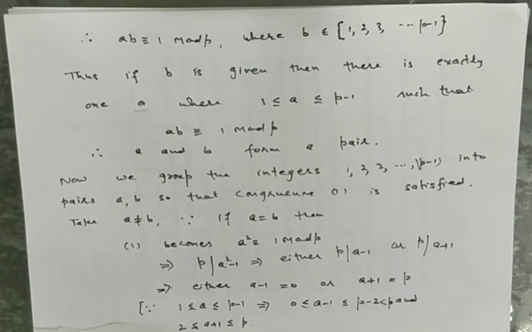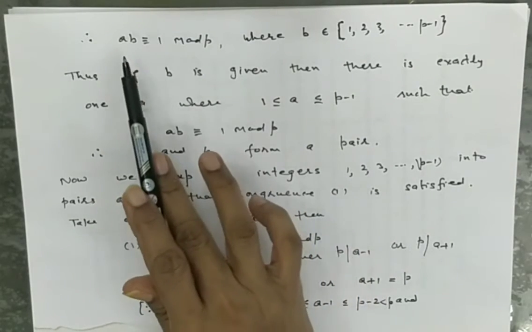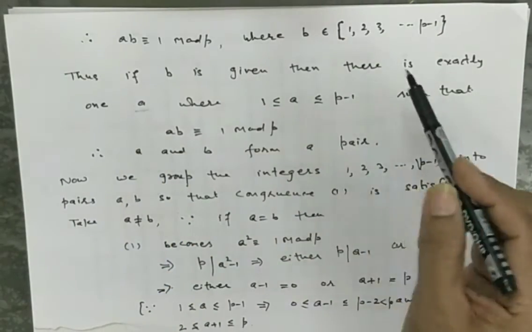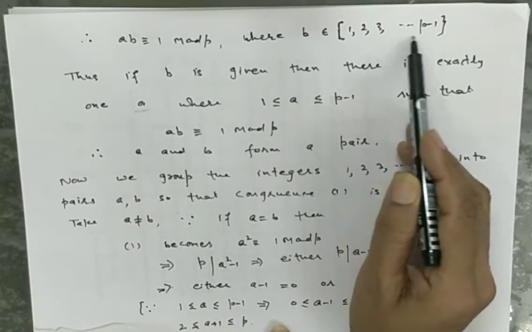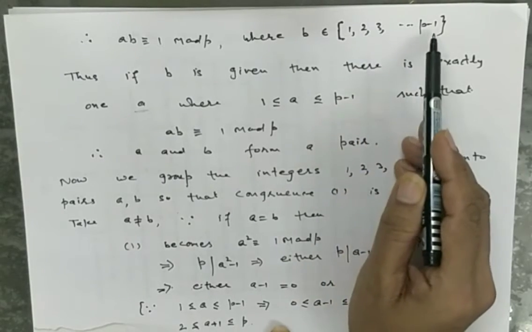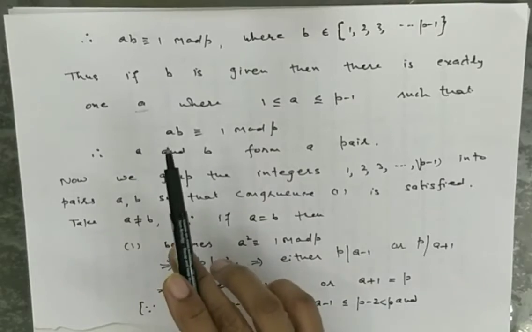Therefore, it will satisfy the congruence ax is congruent to 1 modulo p, and so ab is congruent to 1 modulo p, where b belongs to the set of numbers 1, 2, 3 up to p minus 1. Thus, what we get?